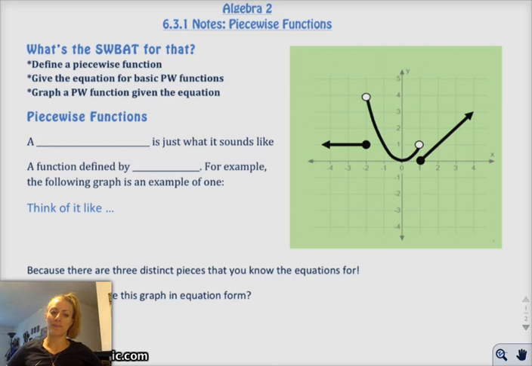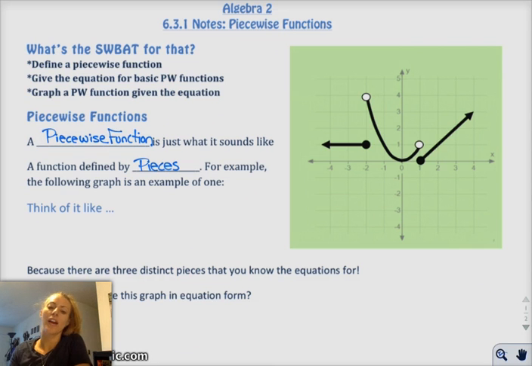Okay, so piecewise function. A piecewise function is exactly what it sounds like. It's defined by pieces. The graph on the right is an example of a piecewise function. As you can see, there's different chunks, right?